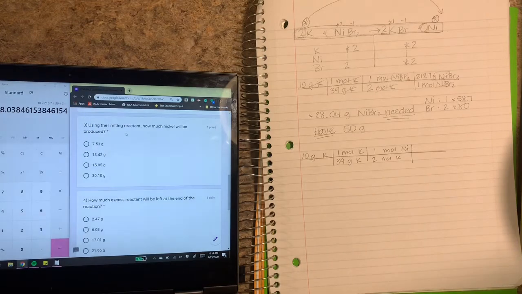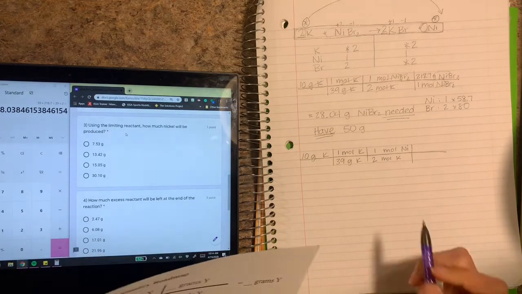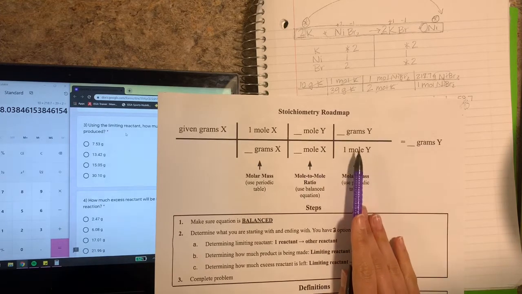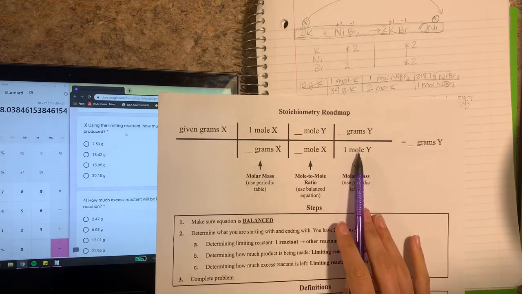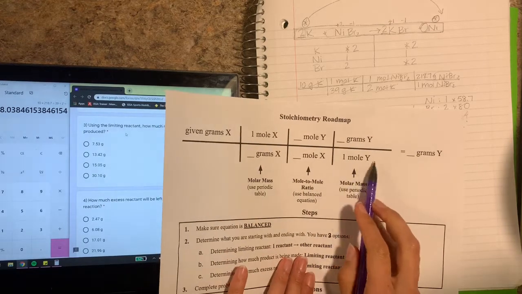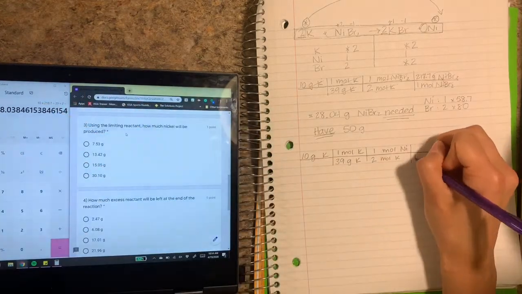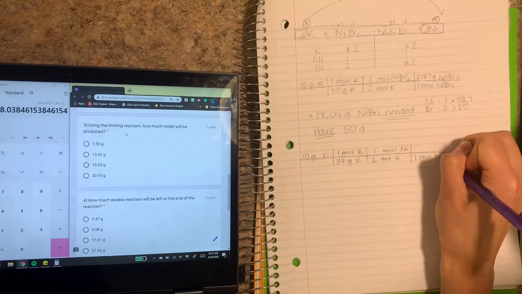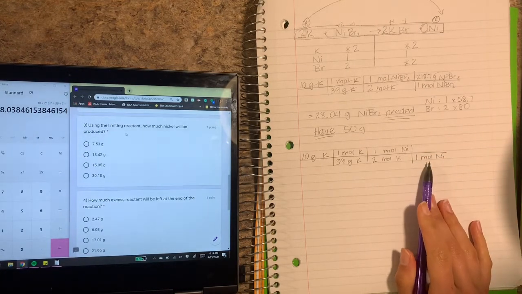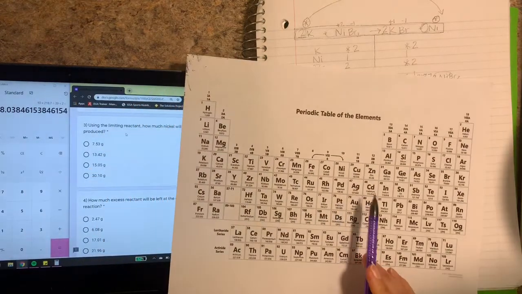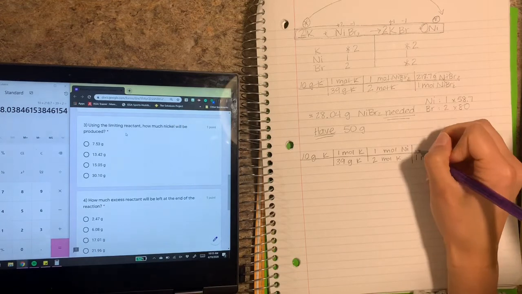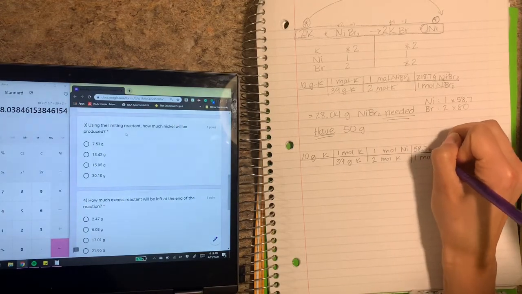Okay, and now we are in moles of nickel. We are here. So we need to use the molar mass of nickel to convert from moles to grams. So I'm going to do 1 mole of nickel down. And I'm going to use the periodic table to figure out how many grams are in 1 mole of nickel, which we already looked at, but it is 58.7. I'm going to keep it at 58.7.